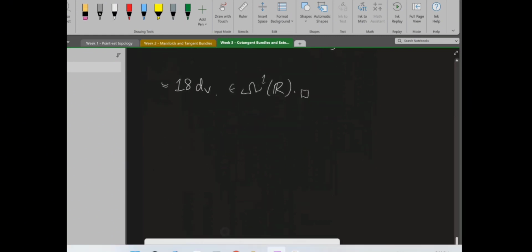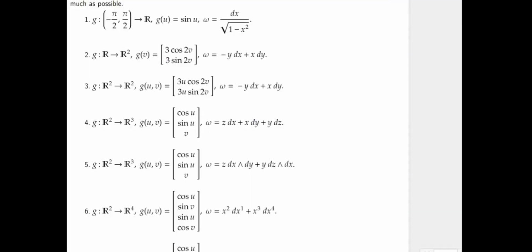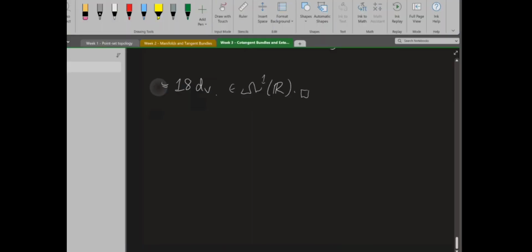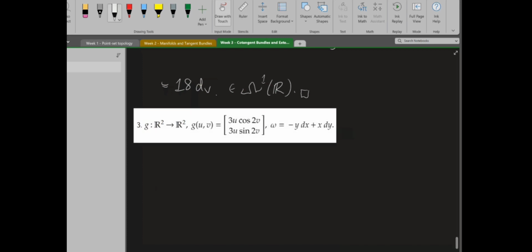All right, let's see the third one. To R2. So this is the X component, this is Y. You just plug them in here.